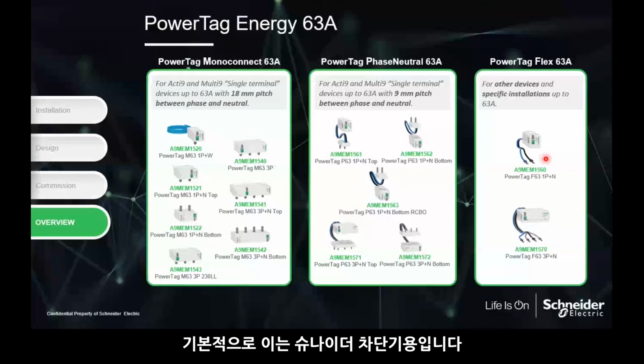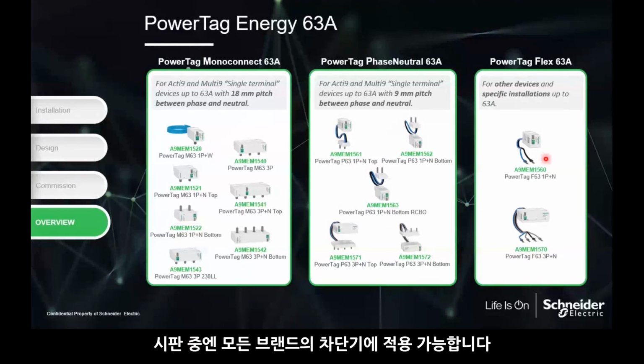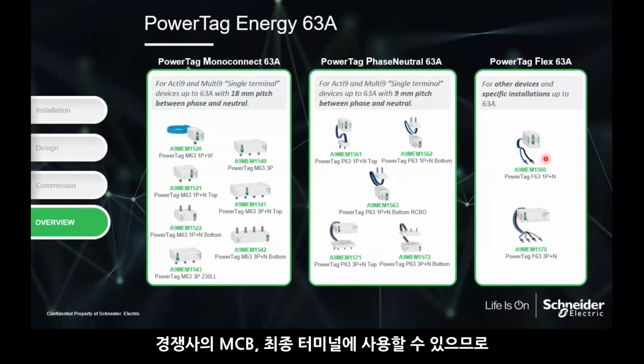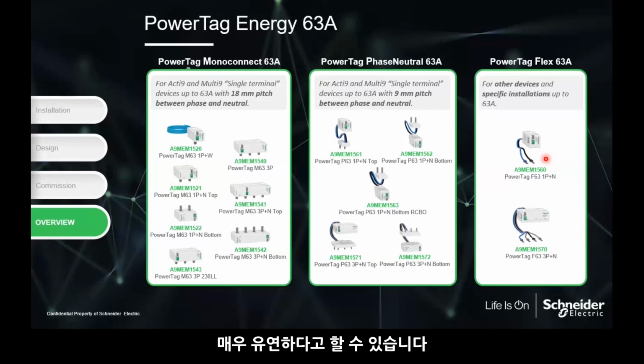So there are offers that are for Schneider breakers. There are offers like the Flex type, which are basically very open offers that can be used on any brand of breakers that the market has, right? So that's why you call it Flex, because you can use it on competitor MCBs.